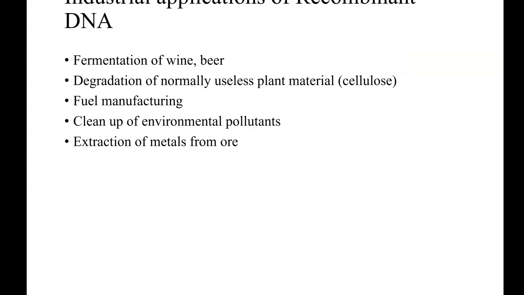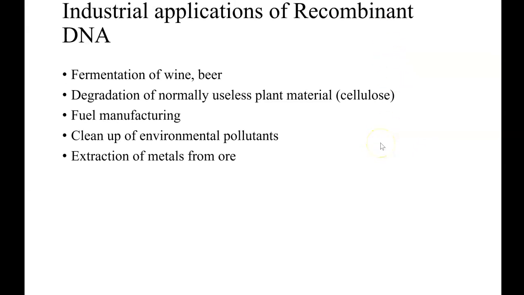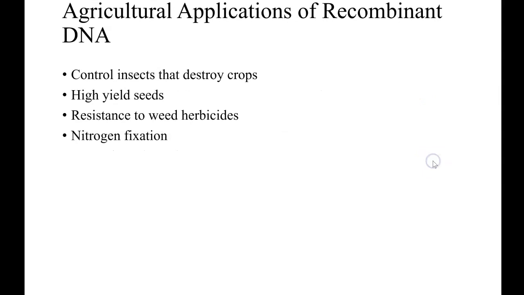Some other applications of recombinant DNA are in industry. We can use recombinant DNA to help us to ferment wine and beer. You tell me that, and you could have started with that because I'm sold. To help us to break down certain plant materials, help us with fuel manufacturing, it can actually help us in a lot of different industrial applications.